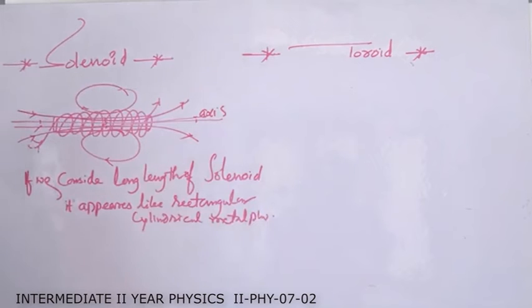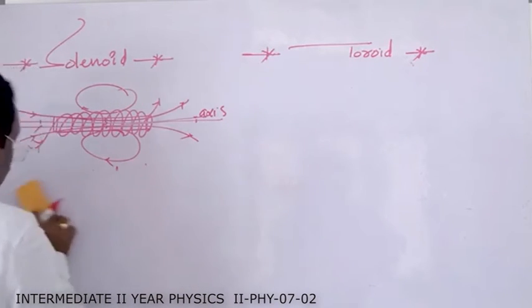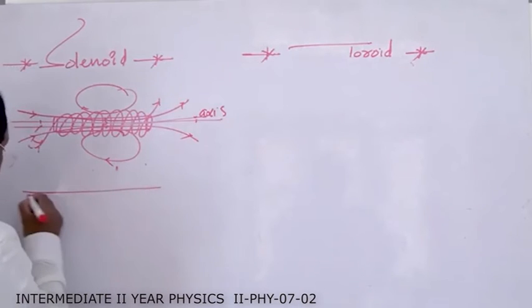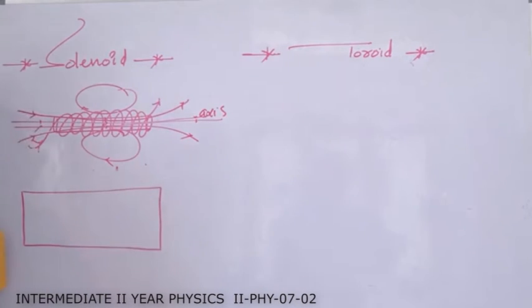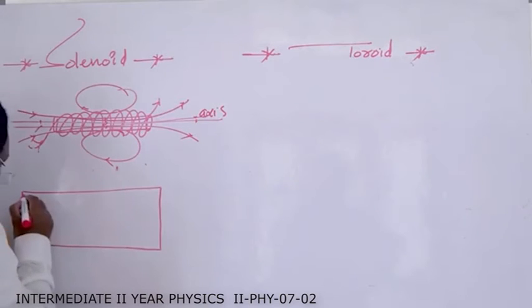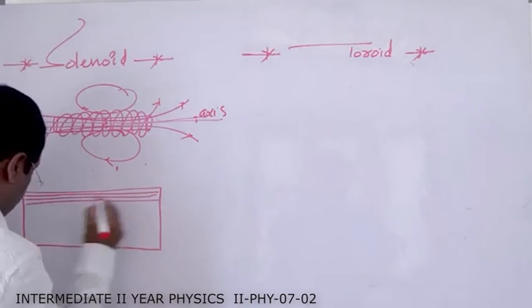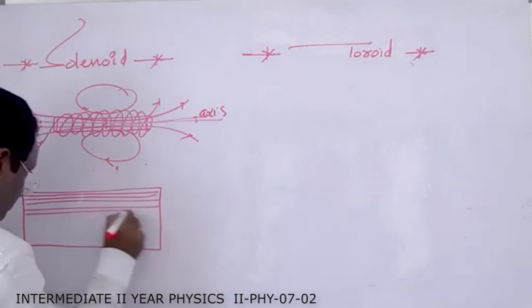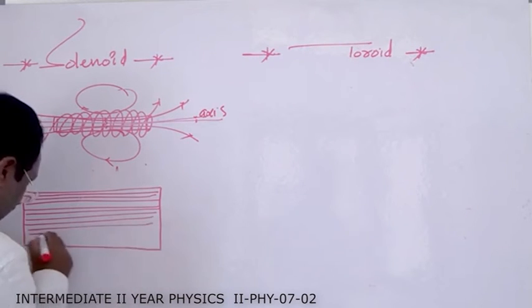Now you consider a very long solenoid. It appears like this, a rectangular cylindrical metal plate. The field lines in this long solenoid are almost all parallel lines with equal spacing.